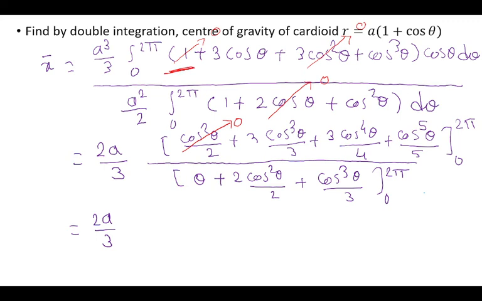In the case of cos cube theta, it will not be 0, because you will observe now cos 2 pi is 1, and the lower limit has the minus sign. Is it coming 0? No. Let me check. Cos 2 pi is 1 and cos 0 is also 1.